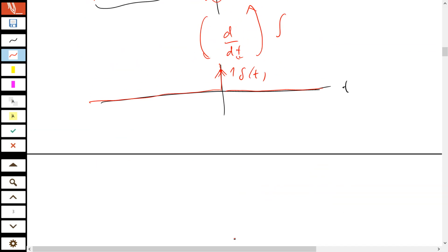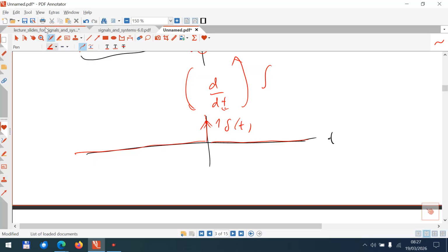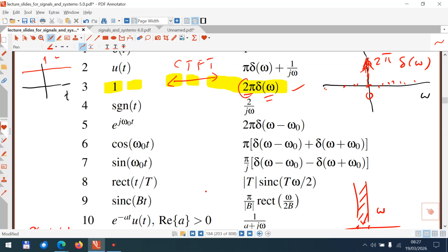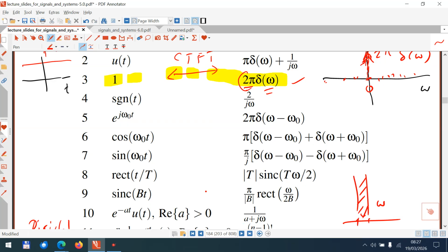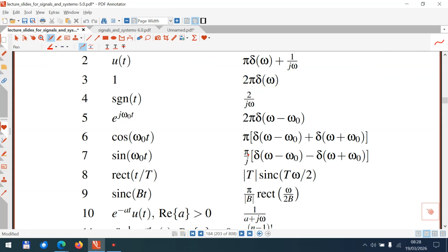So let's get back to that table of pairs and see some more interesting things. Now I'm removing all this. Okay, so we discovered last time that I can go from this pair to this pair simply by modulation, right?